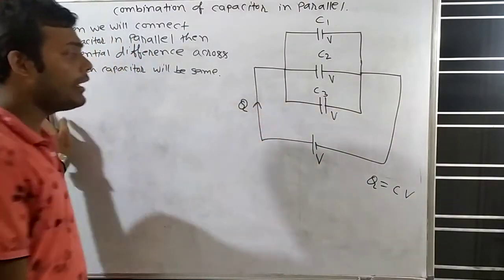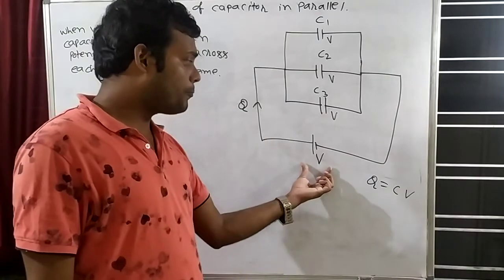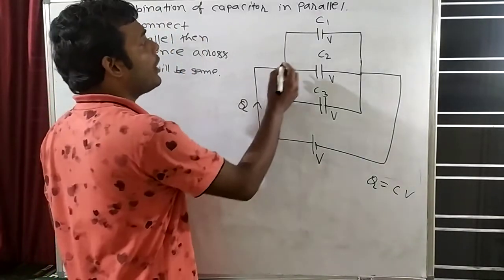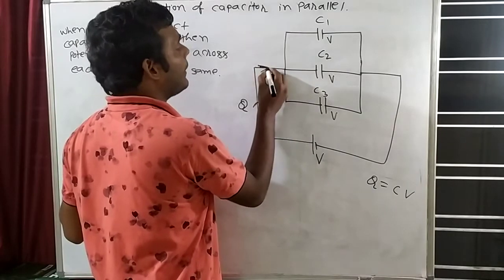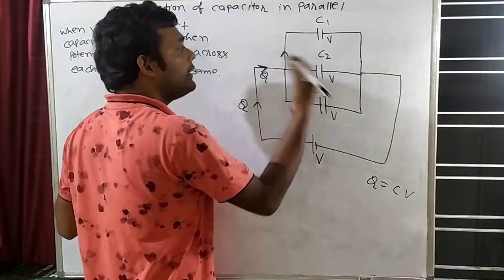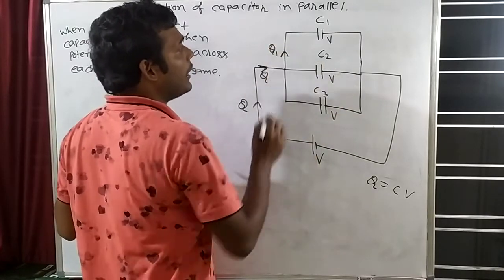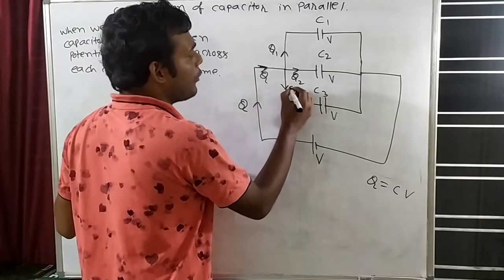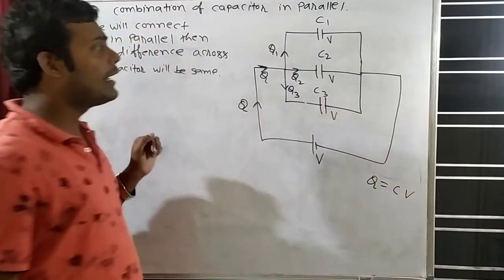This Q amount of charge will come here and get distributed in three parts. Q1 will go in the first, Q2 in the second capacitor, and Q3 in the third capacitor.